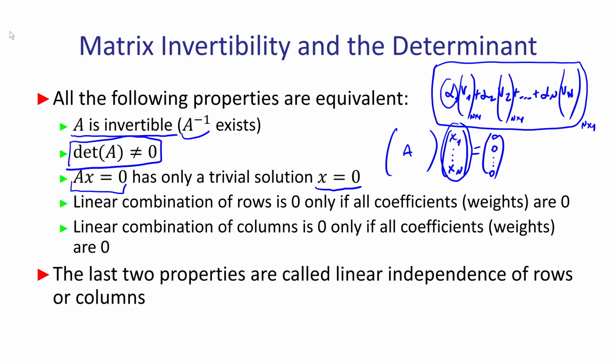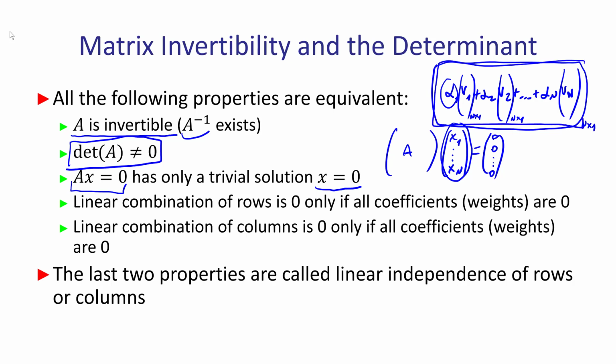So the linear combination of vectors is related somehow to the determinant of A and related somehow to invertibility. Now the same thing happens with columns. If you're taking a linear combination of columns, it is 0 only if all coefficients are zeros. So this is how it looks.